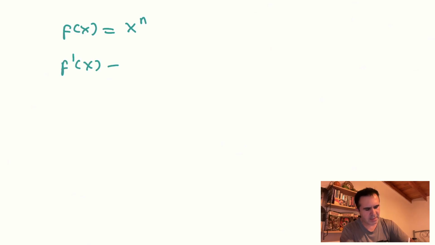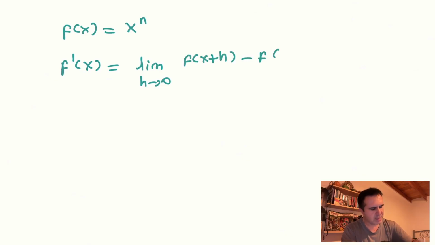Now let's take f of x equals x to the n. Then f prime of x is equal to the limit as h goes to 0 of f of x plus h minus f of x over h.